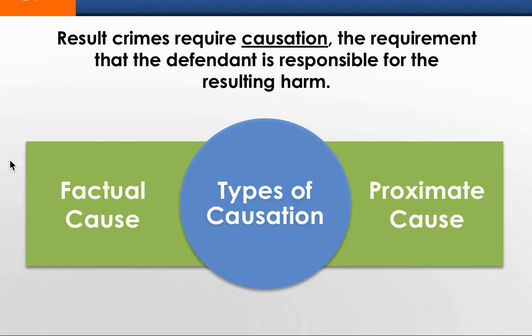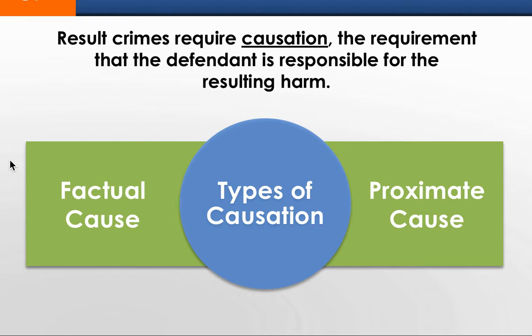Cause in fact, factual causation. You'll hear "but for": but for one's action, this would not have happened. But for you driving intoxicated, you would not have had a DUI crash. You would not have harmed yourself, property, or another.